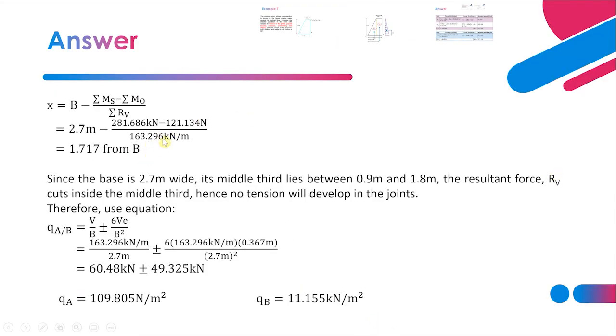Okay, this is it. Total vertical forces. Calculate, you get 1.717 meter from B.